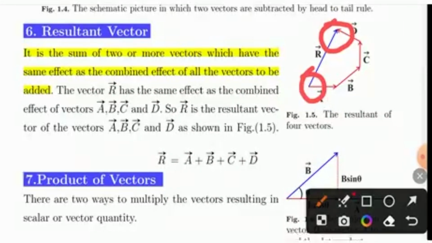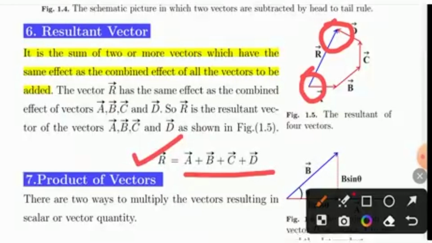In mathematical notation, we can write it as the resultant vector R on the left-hand side is equal to the sum of all the vectors on the right-hand side: vector A plus vector B plus vector C plus vector D.